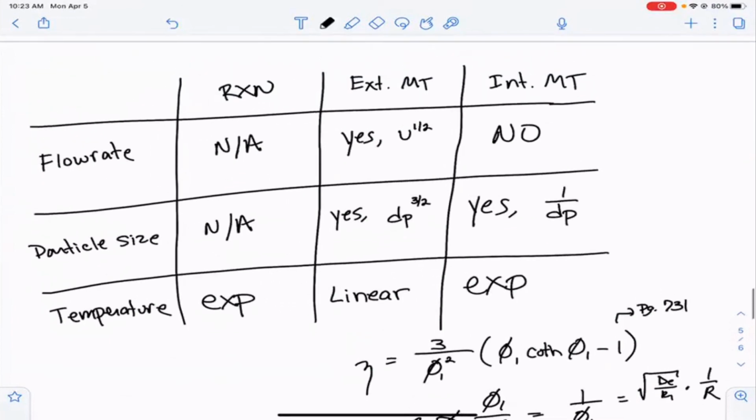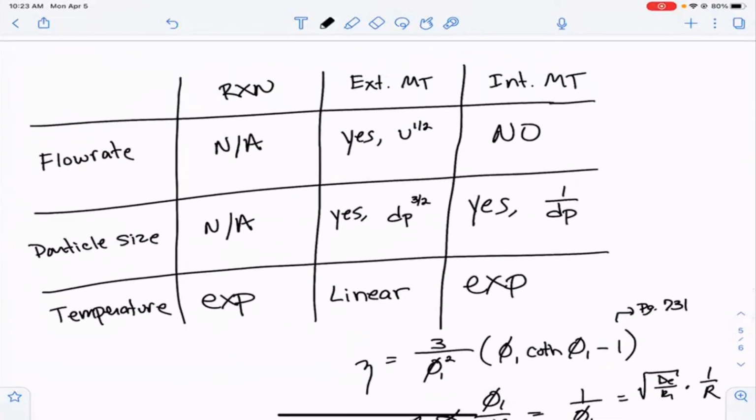And hopefully that makes sense to everybody, because if you're internal mass transport limited, one of the ways that you can influence the rate of mass transport is to reduce the distance over which you have to do the mass transport. So we did that in external diffusion by increasing velocity. But for internal diffusion, if you just made the particles smaller, you would do the same thing, right? The distance that you would have to diffuse internally would be lower. So the overall rate into the particle would be higher.